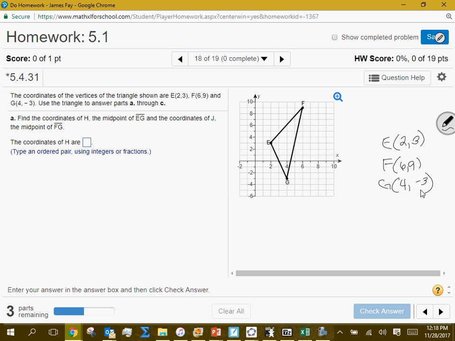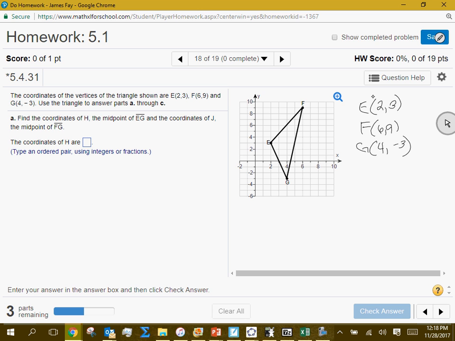Just trying to give myself a little room here. If we read this, I know it's zoomed out, so you might not be able to see from your seats, but the directions say here, find the coordinates of H, which are the midpoint of EG. Okay? So EG is this segment right here.